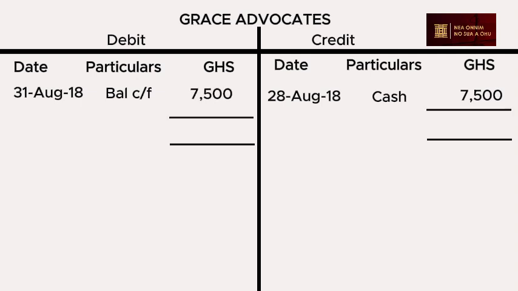We underline both sides, and we're going to have 7,500 Ghana cedis for both as total. We double underline, and our balance brought forward for 1st September on the credit side is going to be what? 7,500 Ghana cedis.